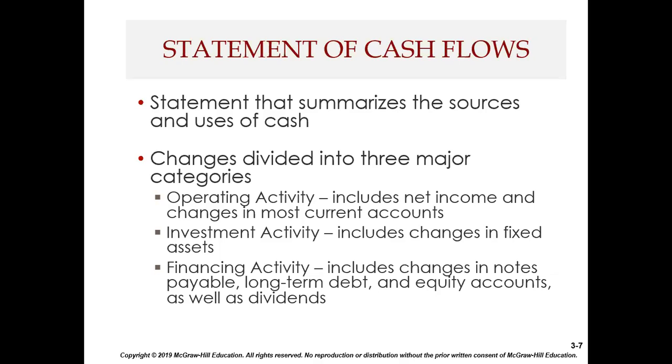When they buy more fixed assets, that decreases cash. So the impact from investing activities was to use cash, 425. So they provided cash for the business from 691 from their normal operations, and they used 425 of it to buy more investments in fixed assets.